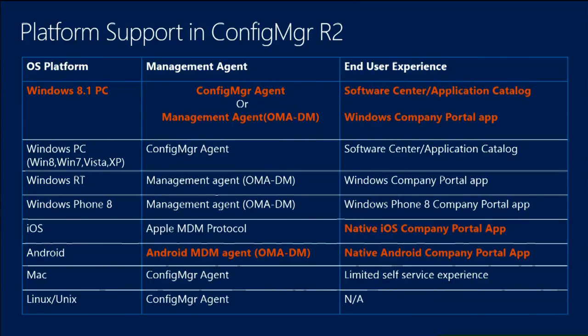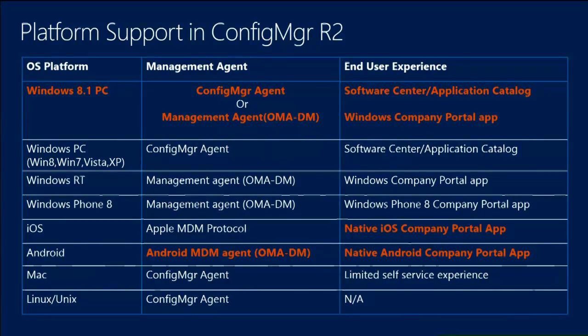So from the end user perspective on Windows 8.1 PC, if it is managed with a fully functional configuration manager client, you're going to get the software center and application catalog experience for application management. If it is going to be managed as a BYO PC, in that case, you're going to get the experience of Windows company portal app, which I'm going to demo pretty soon.